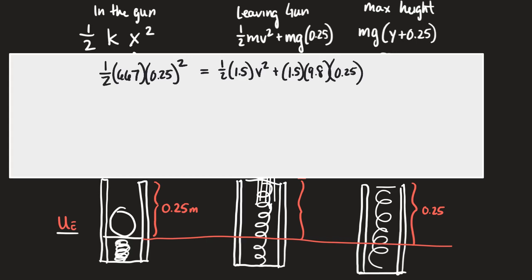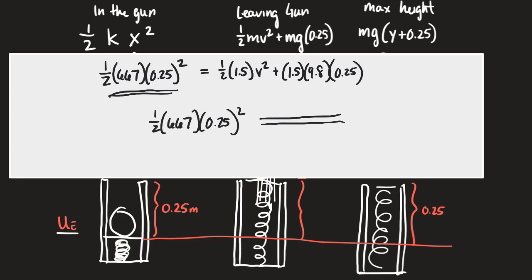So the next question asks, what is the highest point that it attains? I don't need anything I've just done for that. I still know that this is the amount of energy in the system. So 1/2 k x squared equals m g h.